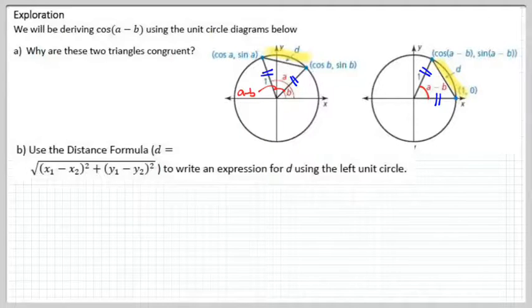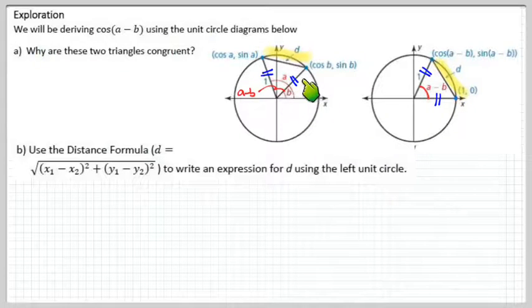Now what we're going to do is find an expression for D here, find another expression for D here, and then compare the two. We have cosine A, sine A as the coordinate for this point, cosine B, sine B as the coordinate for this point. Over here, since this is angle A minus B, the coordinate of this point is cosine A minus B, sine A minus B. And then we have this other point here, 1, 0.